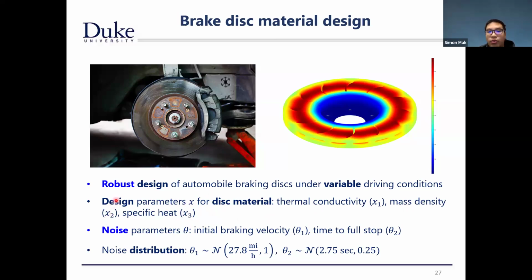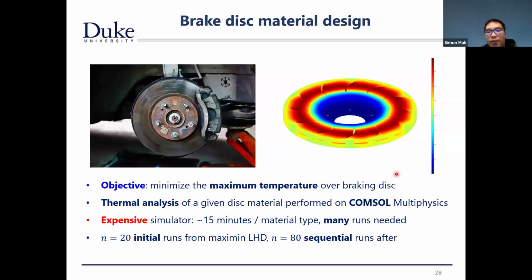Now, there are things that we can't control in operations, which are noise parameters. So this might be your initial braking velocity, right, for the brake, and the time until full stop, theta 1 and theta 2. And we can elicit certain noise distributions that capture this. And so I've listed this here. Okay. And so our objective is to minimize the maximum temperature over this braking disk under these variable conditions.